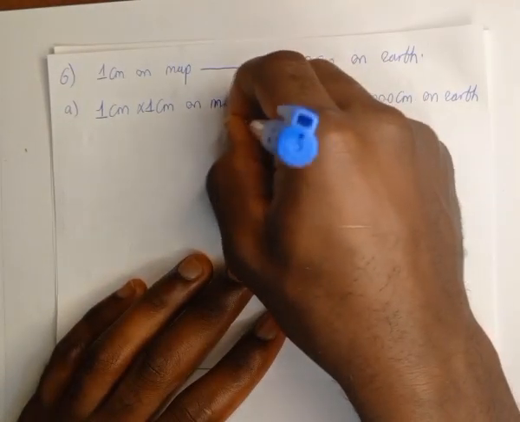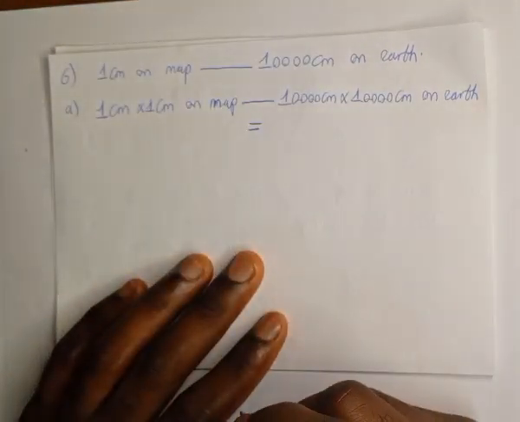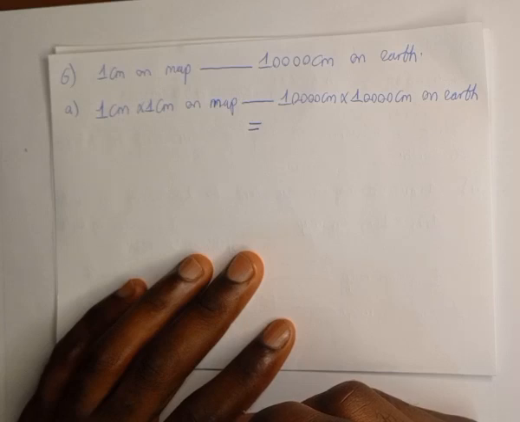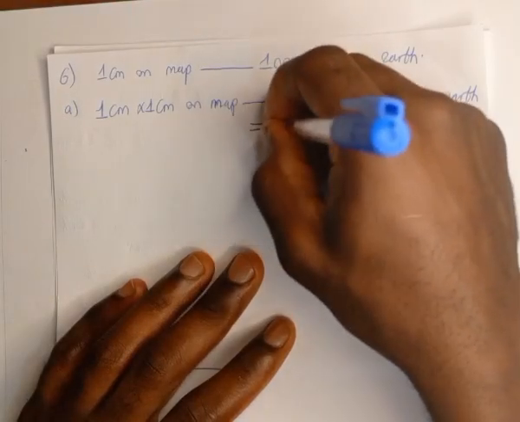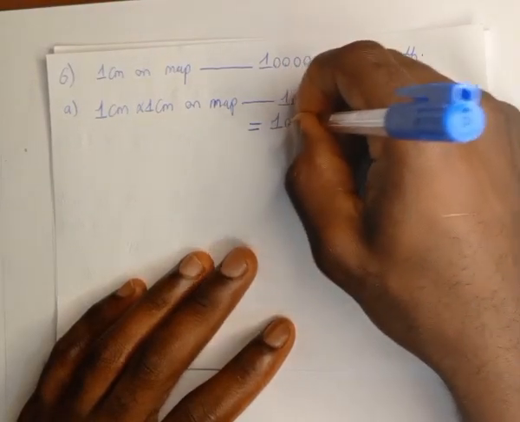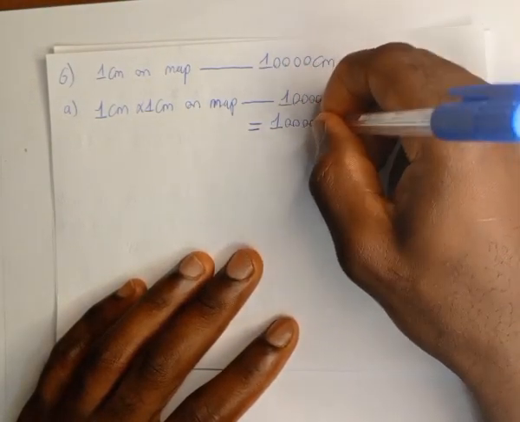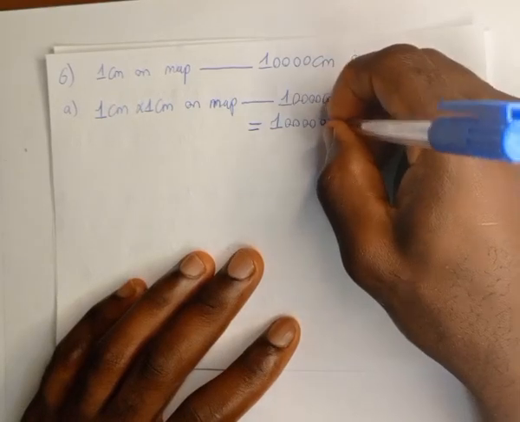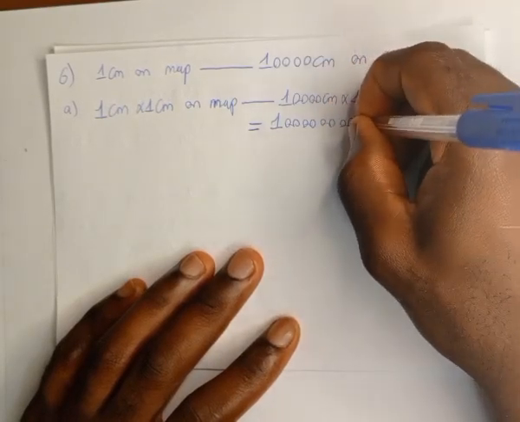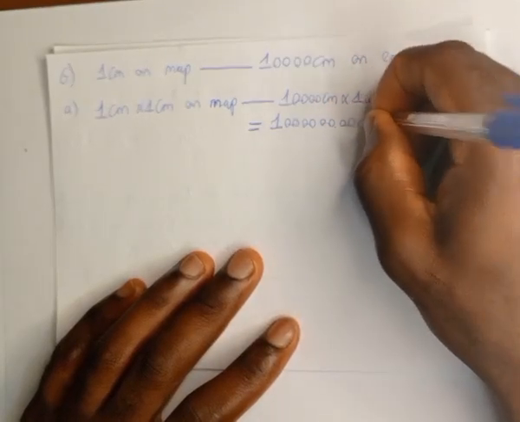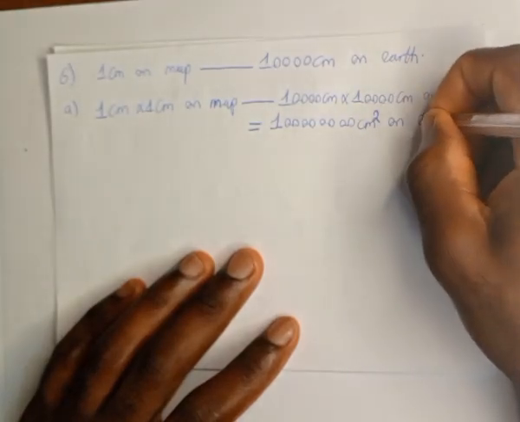This will simply be equal to 10,000 times 10,000 will simply be equal to 100 million centimeters squared on Earth.